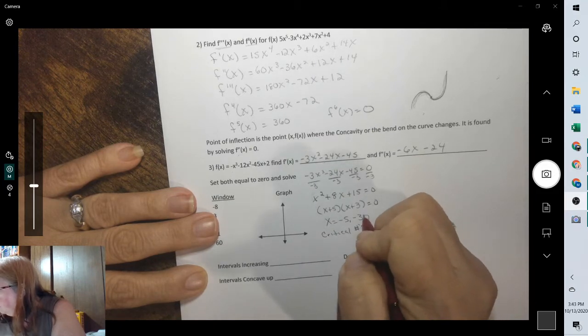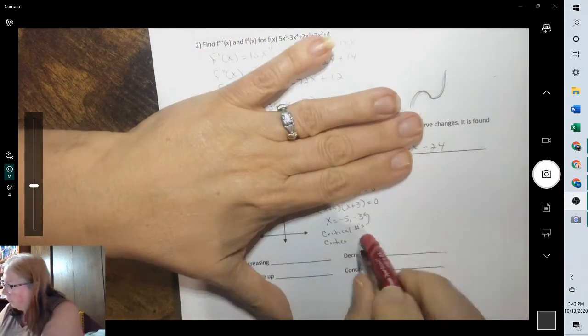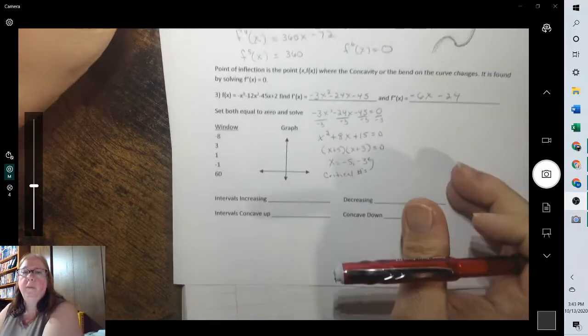These are the critical numbers. I'm going to mark critical points down here. We'll put them down at the bottom.